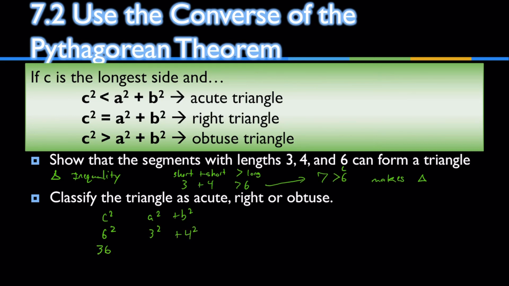So it's 36, 9, and 16. 9 and 16 make 25. So now we can fill this in. The 36 is greater than the 25, so c squared is bigger than a squared plus b squared, which makes it an obtuse triangle.